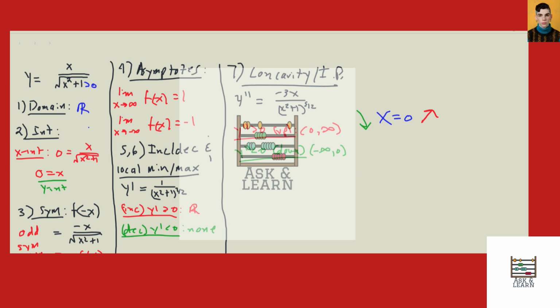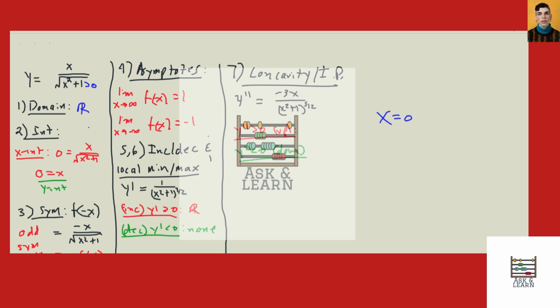So actually, these intervals here should be opposite. I wrote them down incorrectly, it seems, just because the denominator is always going to be bigger than 0. So the only thing that really matters is when negative x is bigger than 0 and less than 0.